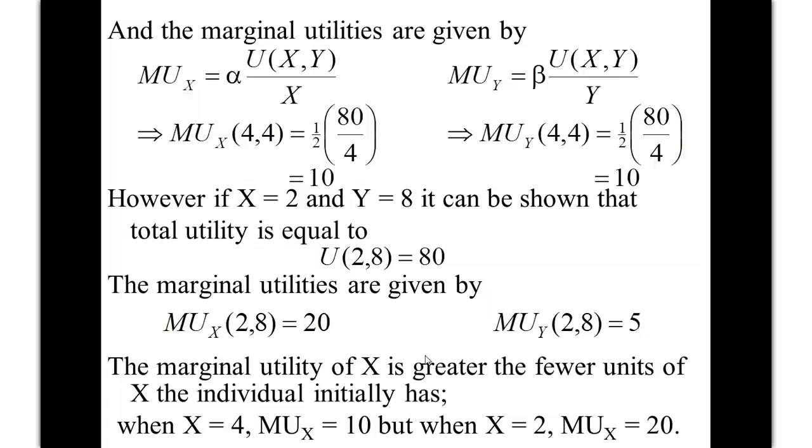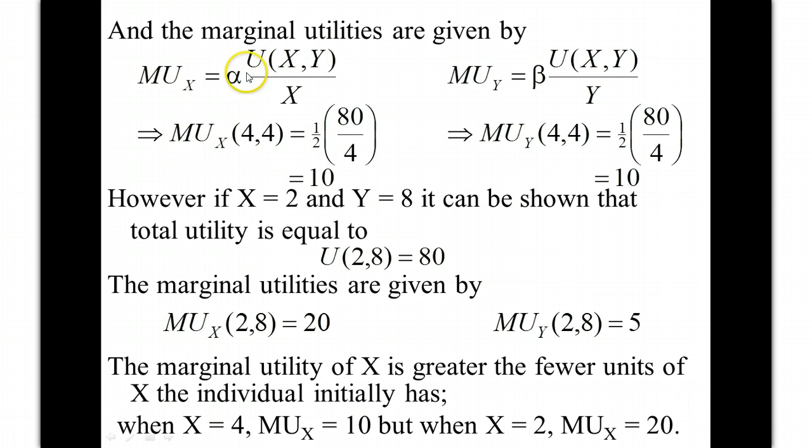So the marginal utilities are given by alpha times the utility function divided by x, and the marginal utility of y is beta times the utility function divided by y. So what is the marginal utility of x when I'm consuming 4 units of x and also consuming 4 units of y? Well, alpha is 1/2.